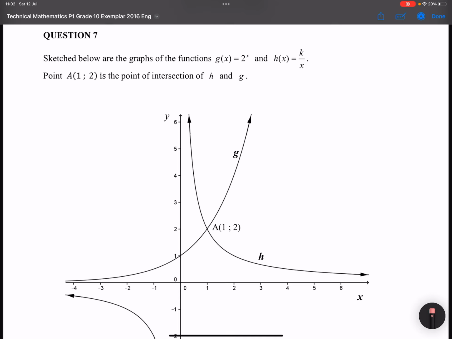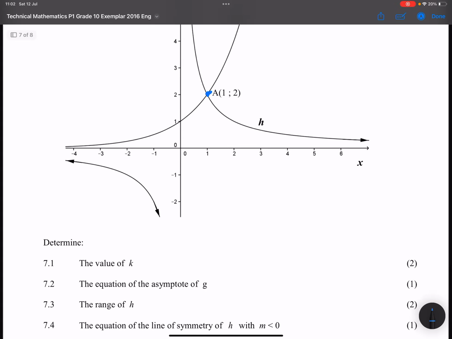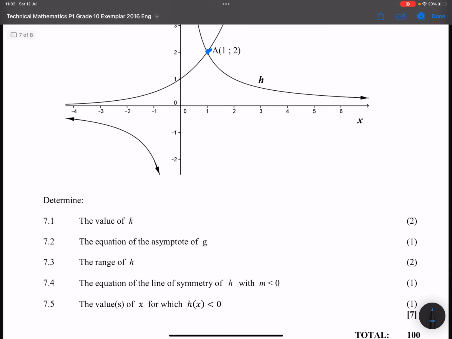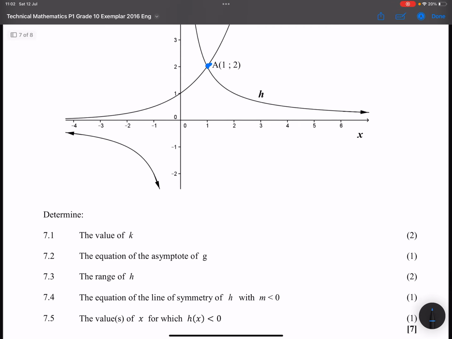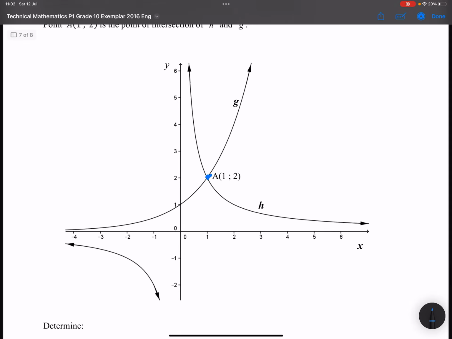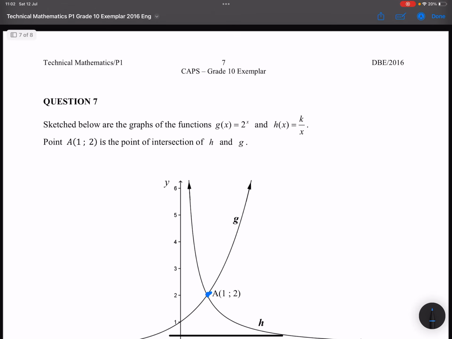They say point A, which is (1; 2), is the point of intersection of h and g. So that's point A over there. They say to us, determine the value of k. For us to determine the value of k, we'd have to use at least one common point, and that's point A. So I'm going to say, well, where x is 1, that would be k over 1, I'm substituting 1 for x.